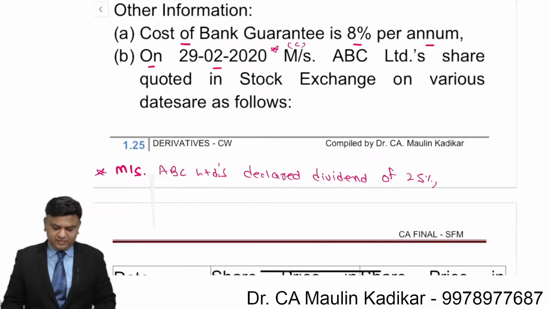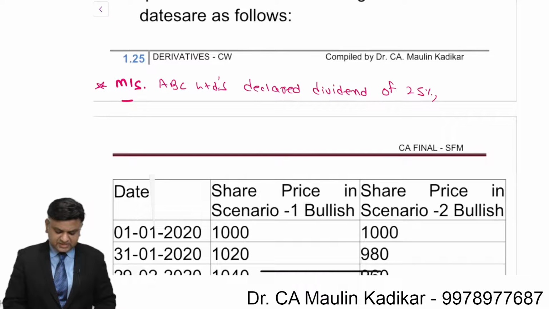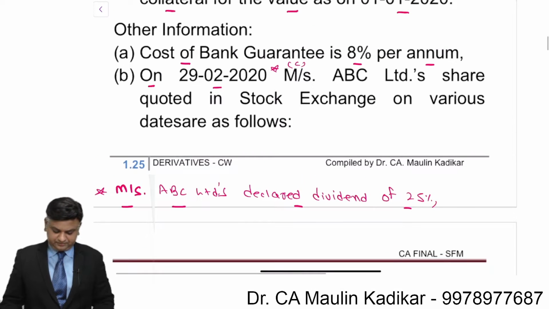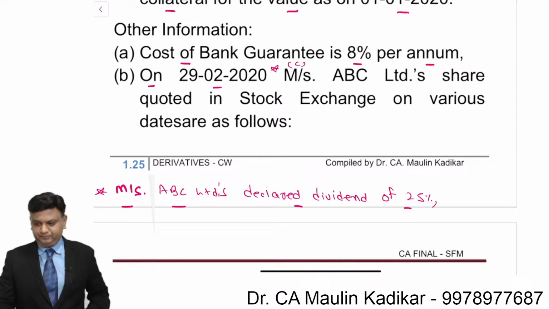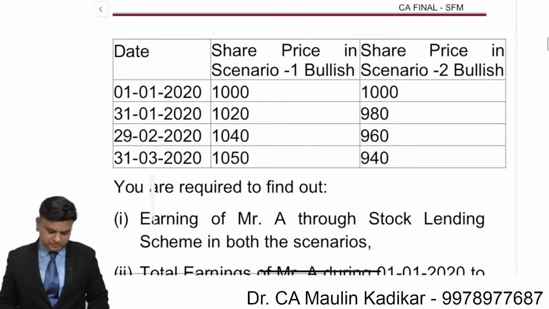On 29th of February 2020, Messrs. ABC Ltd declared a dividend of 25%. Messrs. ABC Ltd's share price quoted in the stock exchange on 1st of January 2020, 31st of January 2020, 29th of February 2020 and 31st of March 2020 is given.